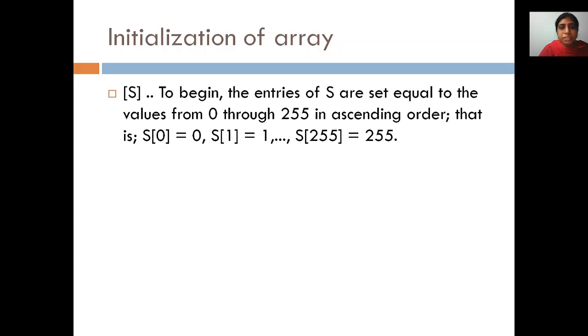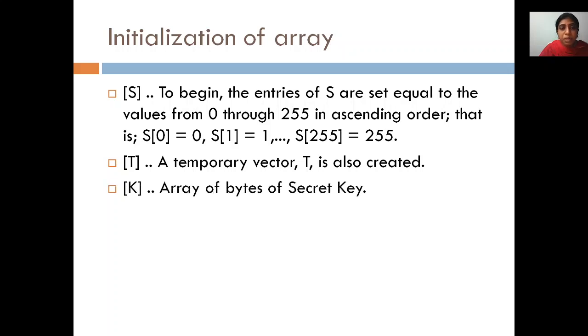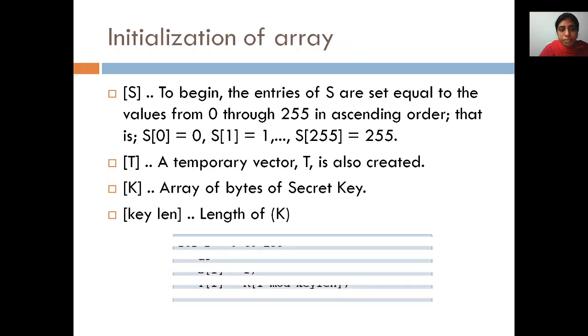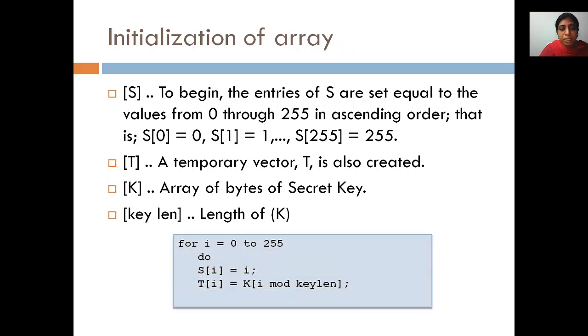For initialization of the array, the entries of S are set equal to the values 0 to 255 in ascending order, that is S of 0 is equal to 0, S of 1 is equal to 1, until S of 255 is equal to 255. We initialize a temporary vector and also a key array of bytes of the secret key. Then we apply the key length.